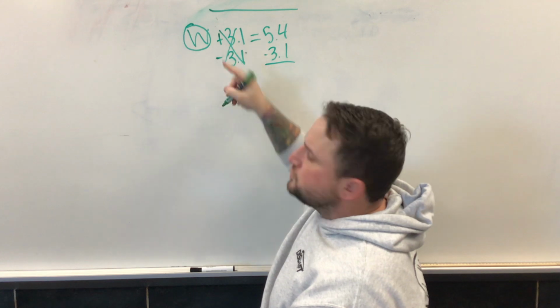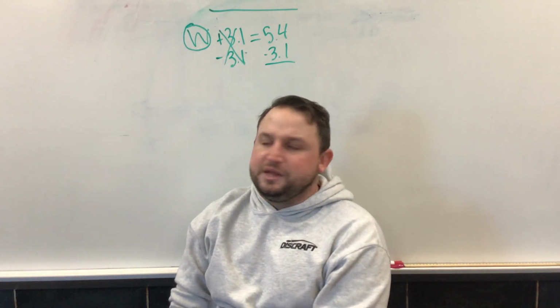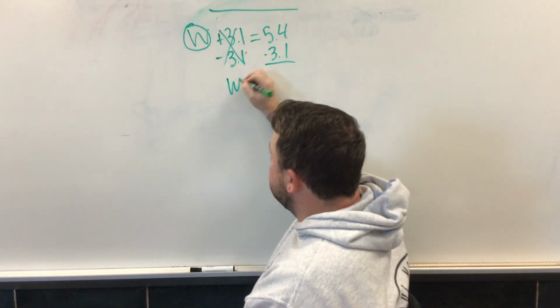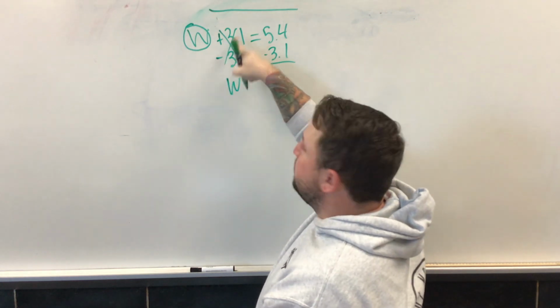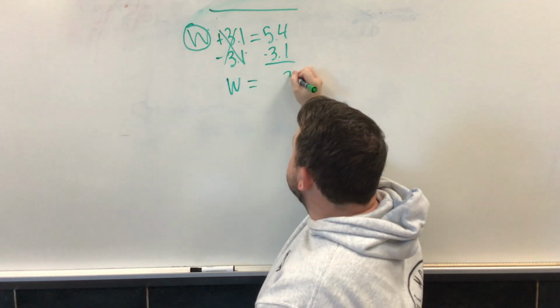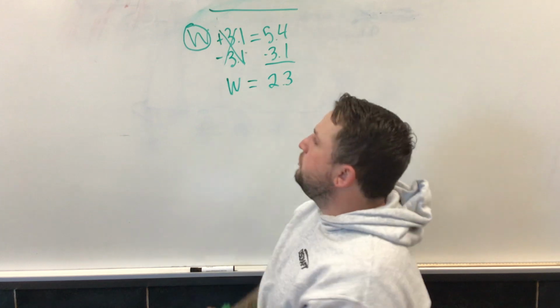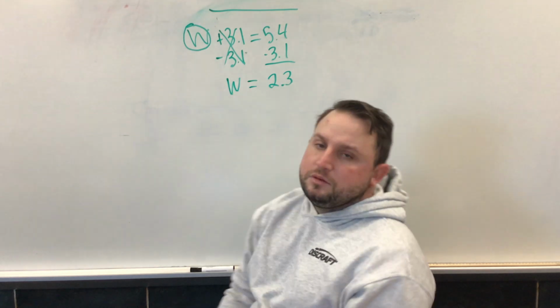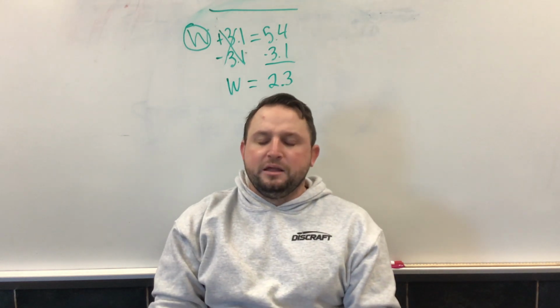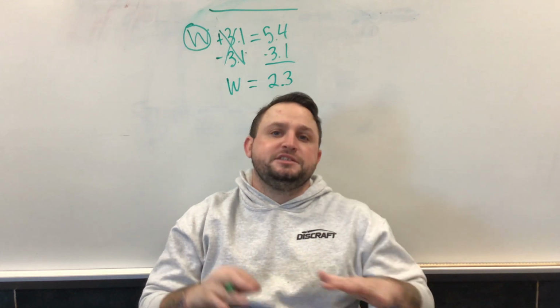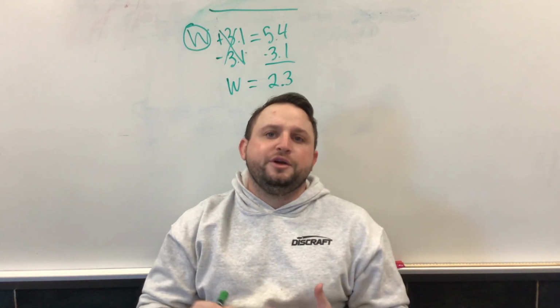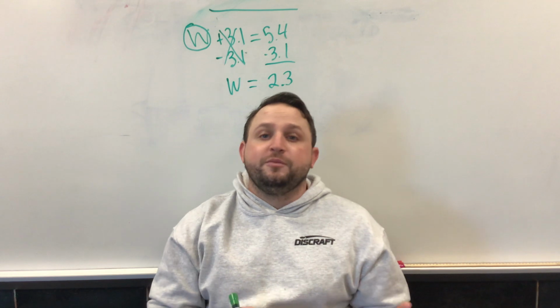Subtracting it from that positive means that the only thing that's left over here is W. Cancel culture, we've gotten this part canceled out. And when you do that, you would get 2.3. So the inverse operation is the opposite operation to whatever it is you are doing to that W from the first time.